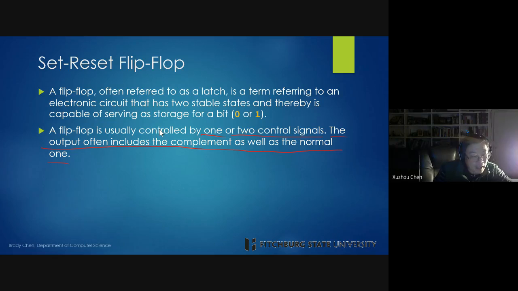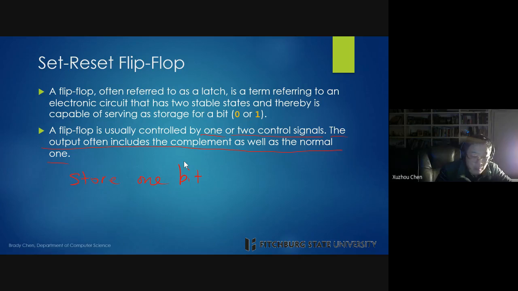is a kind of electronic device that allows people to store data. One set reset flip-flop allows you to store 1 bit. Okay, you can store 1 bit. That means you can either store a 0 or store a 1.